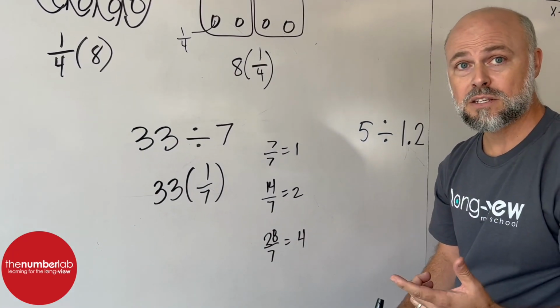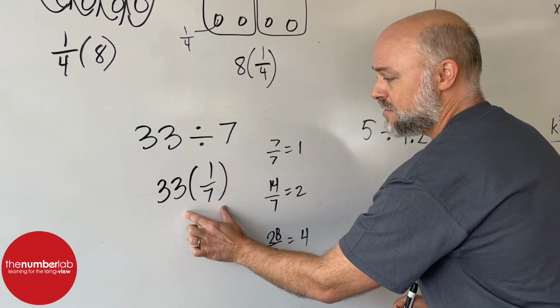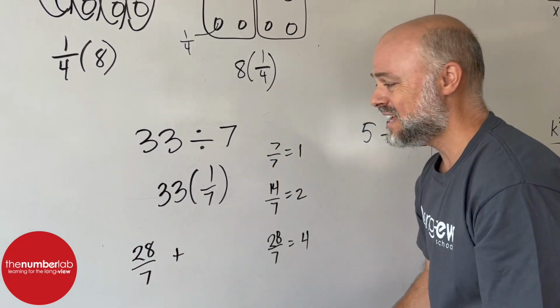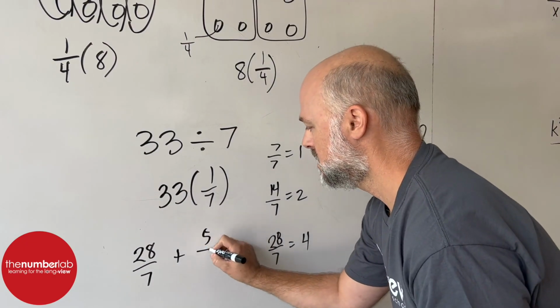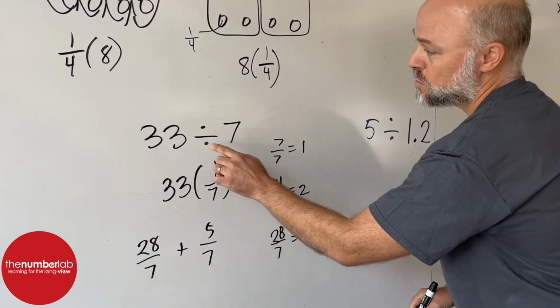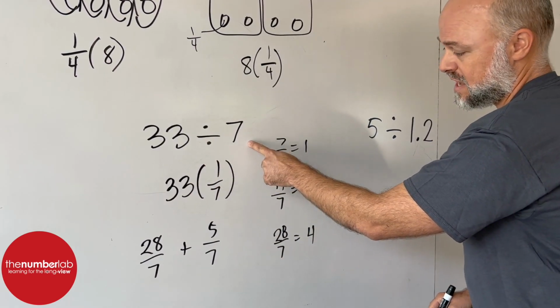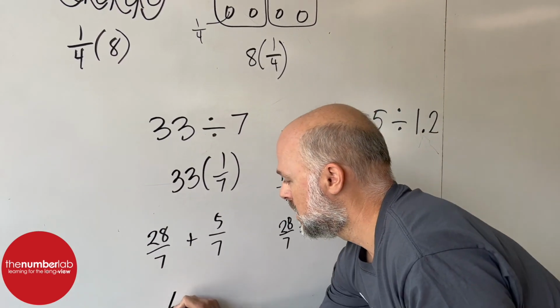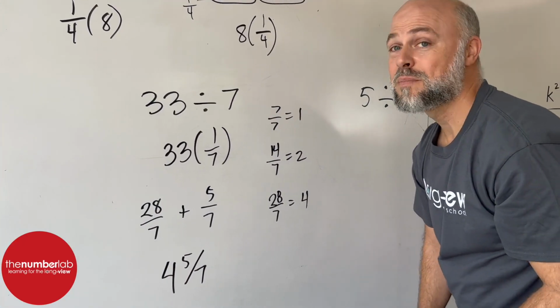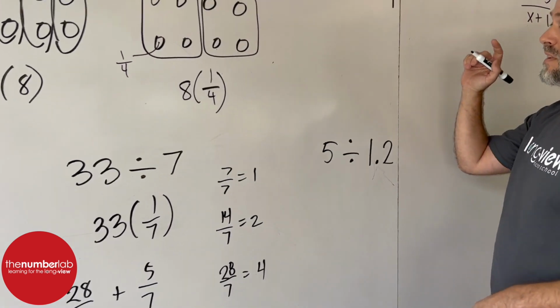That's not a bad place to start. 33/7 is equivalent to 28/7 and 5 more sevenths. 28/7 is 4 wholes. So 33 divided into groups of 7 is 4 and 5/7.